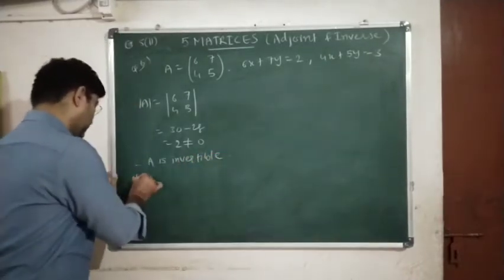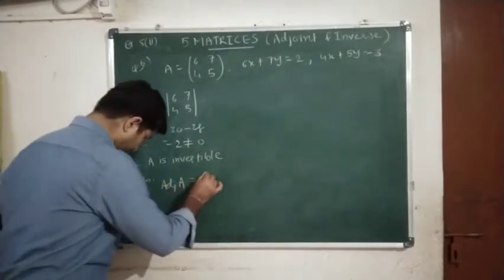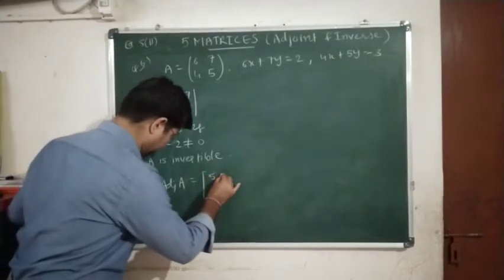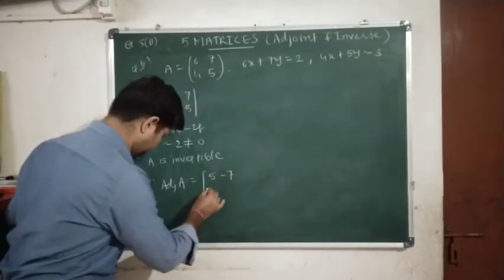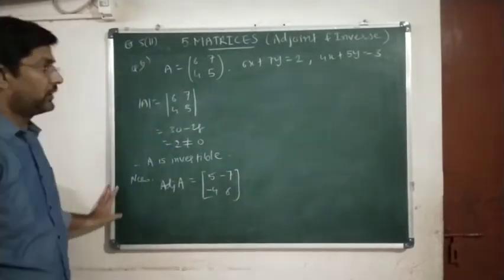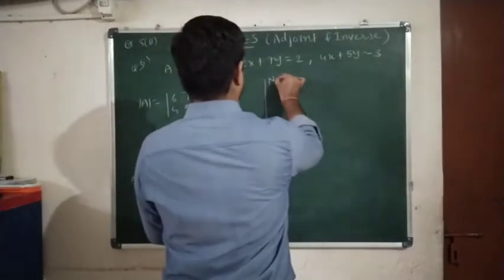Now adjoint of A is equal to 5, minus 7, minus 4 and 6. So this is adjoint.